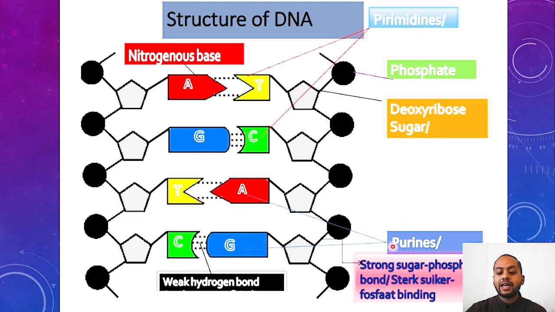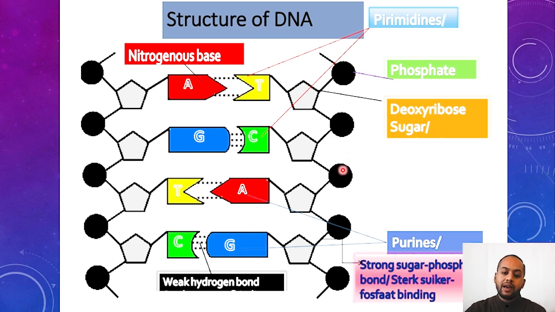They are referred to as our purines, and this is a term that you need to remember. On the other hand, thymine and cytosine are smaller, they are single-ringed, and therefore they are referred to as pyrimidines. So please remember this terminology. Your pyrimidines are thymine and cytosine, single-ringed, and purines are adenine and guanine, double-ringed and basically longer.